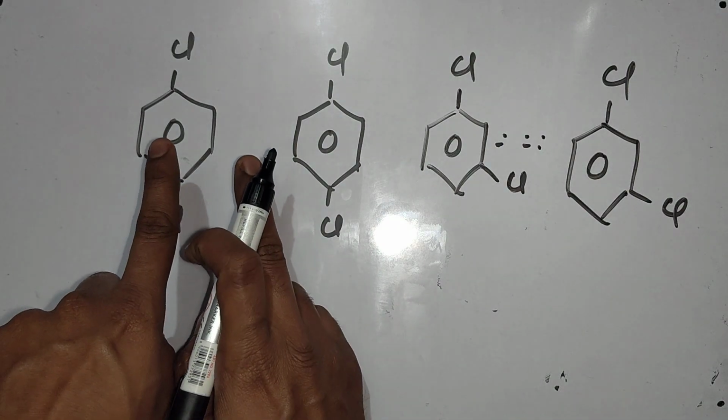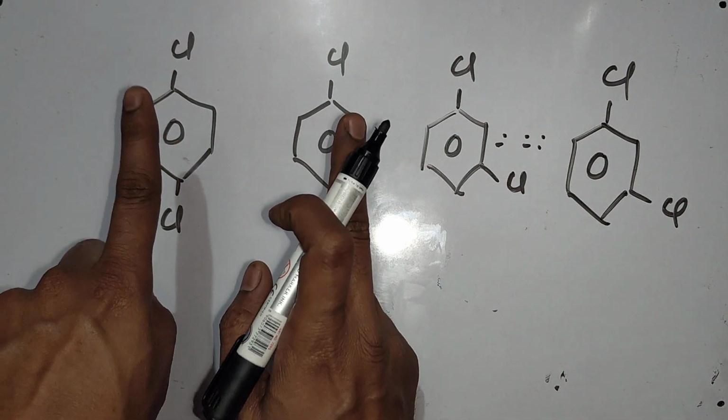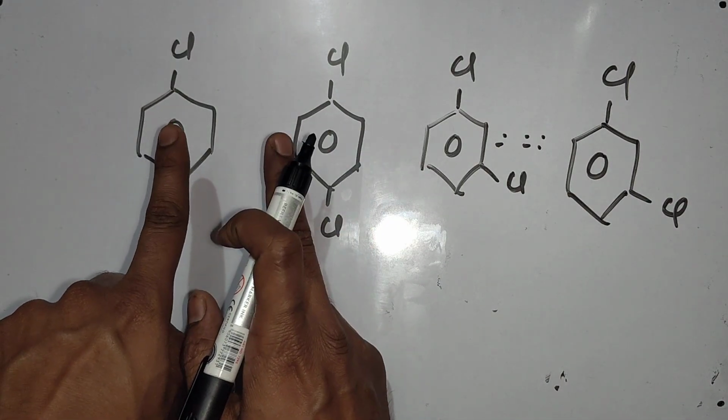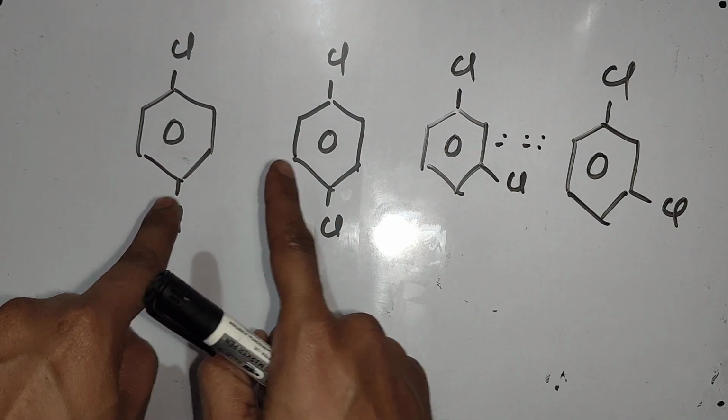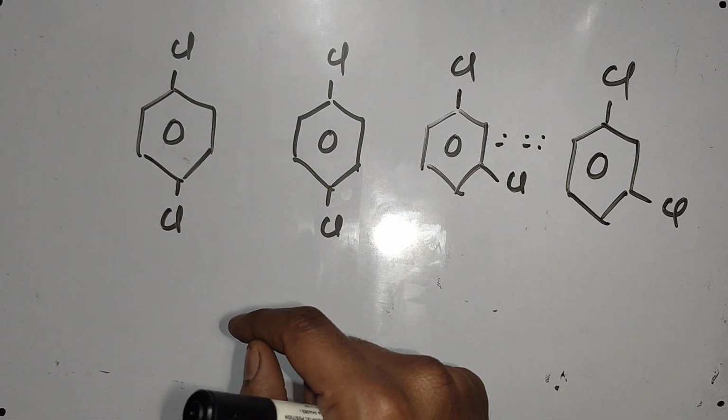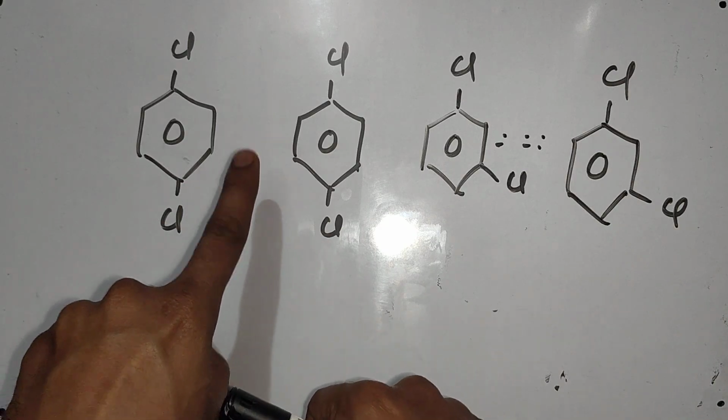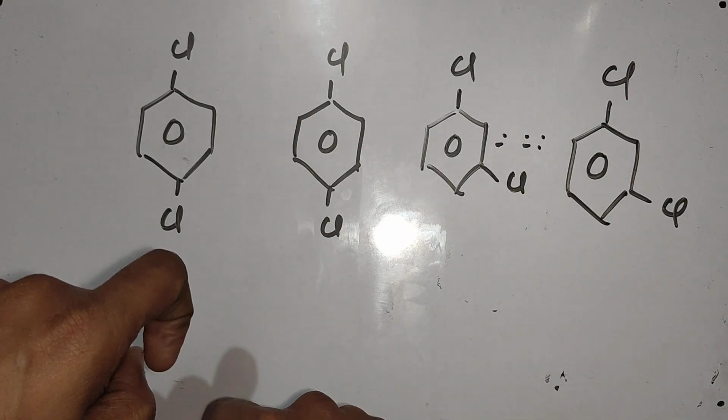Here dipole-dipole interaction is not there, but particles are symmetrical, so they can pack well. You can say symmetry is dominating over dipole-dipole interaction. That's why the boiling point of para is more than meta.